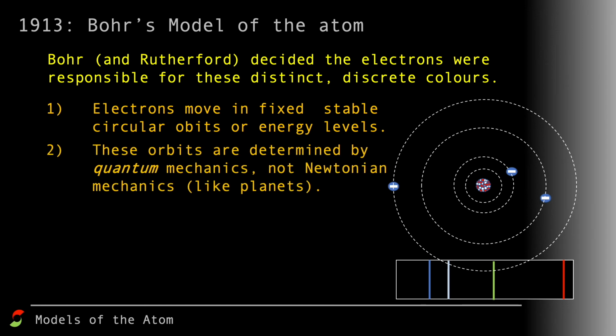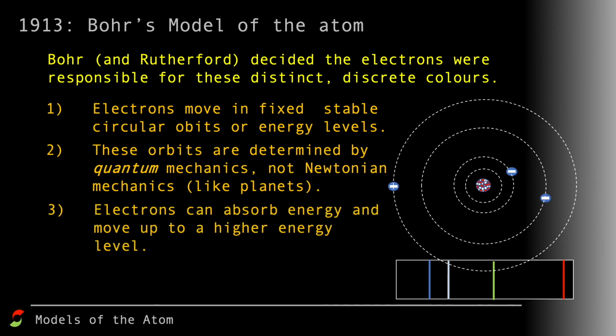And that these orbits were determined by quantum mechanics, which I'm not going to go into at this level at GCSE. Whereas planets orbit the sun due to Newtonian mechanics. So there's completely different rules to why these electrons are in these orbits. And so they're not like planets orbiting the sun.